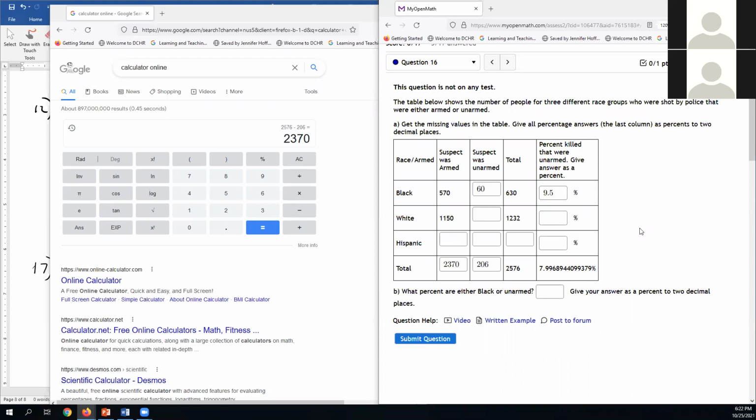That counts as being armed. So when people say they were armed, don't think that means a gun. It could be a screwdriver, a knife, a pen, a baseball bat, and a whole bunch of other things that a taser would be easier to handle. And then you can get all these things in here by subtracting. A little subtraction there.